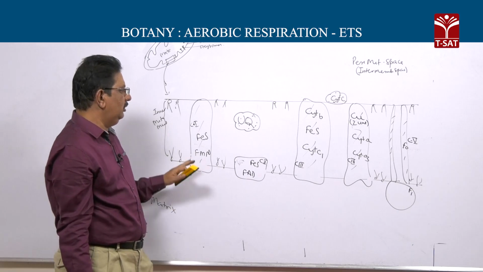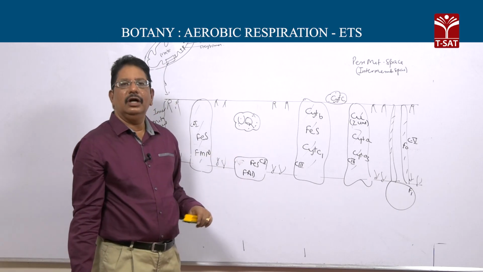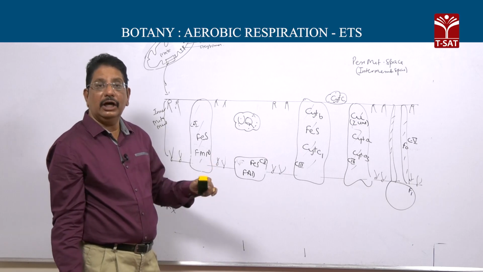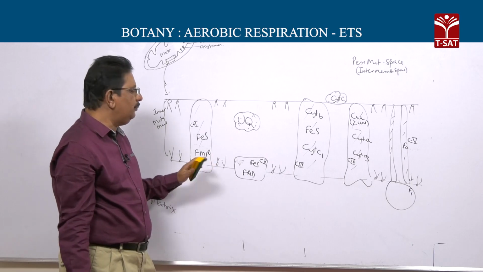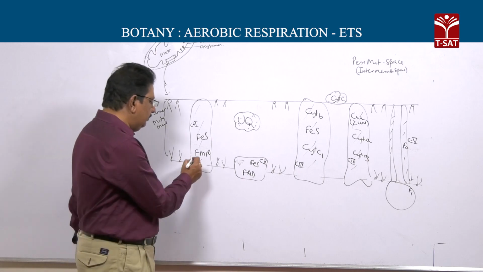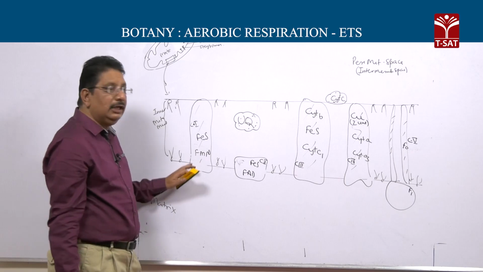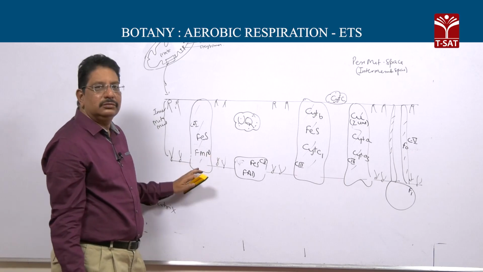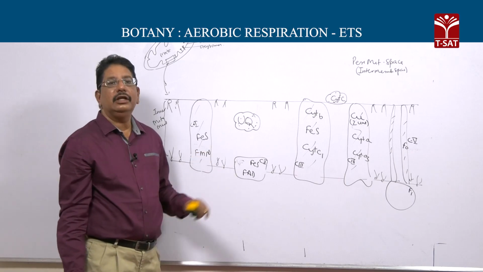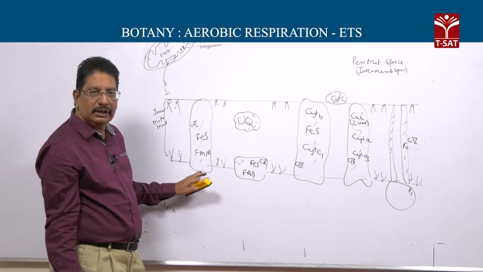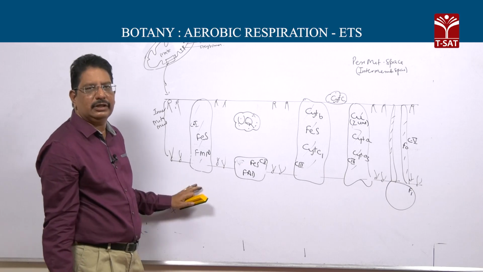And moreover, these complexes also contain some enzymes, so they have a catalytic role. The enzymatic name of complex 1 is NADH ubiquinone oxidoreductase.